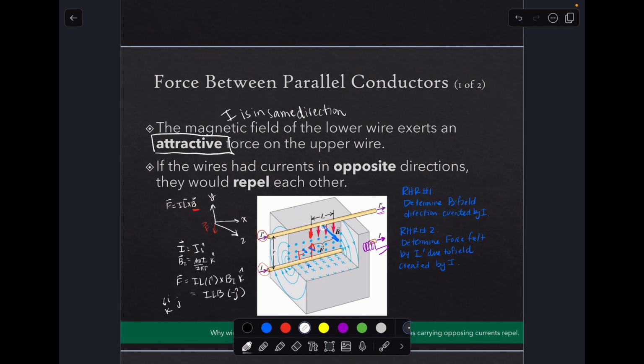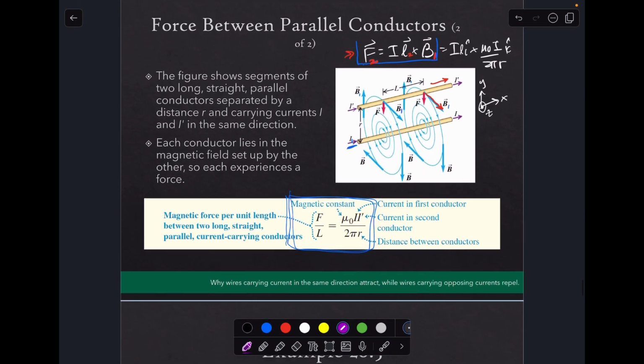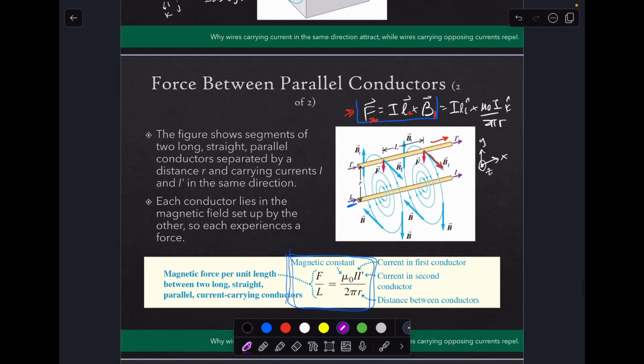If these two wires were pointing in opposite directions, not pictured here, then the force vector on each one would be pointing away, and you would have a repulsive force. So that's how you summarize the forces between parallel conductors. These are their magnitudes, equal for each one.